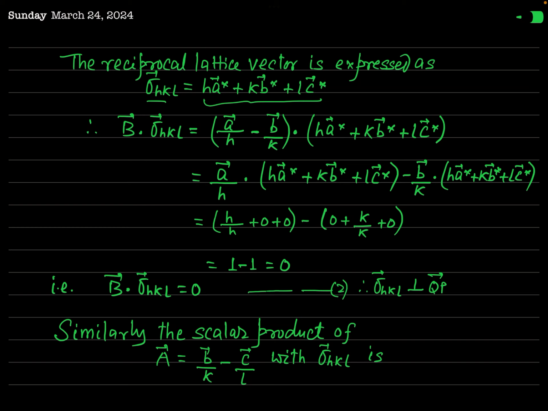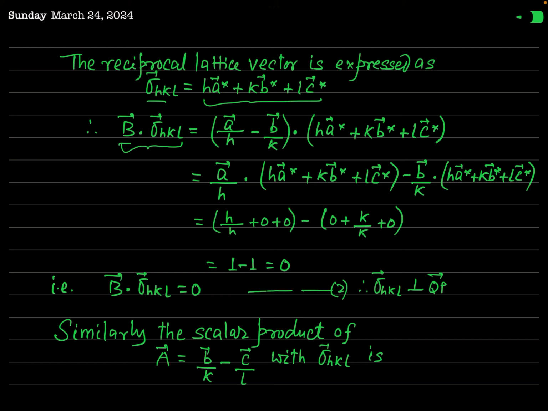Now let us take the scalar product of B with this sigma HKL. Why are we taking a scalar product? I have just mentioned earlier that our aim is to show that this sigma HKL will be perpendicular to any arbitrary vector lying in the HKL plane, and B is an arbitrary vector lying in that very plane.